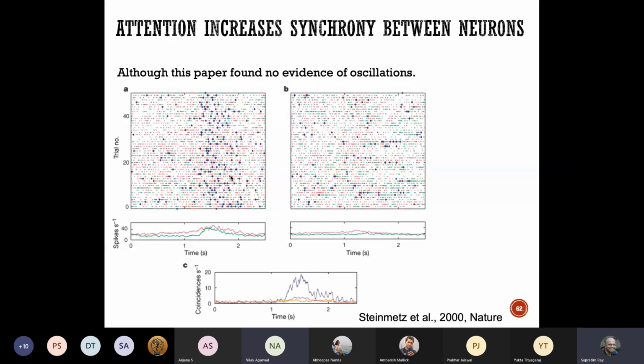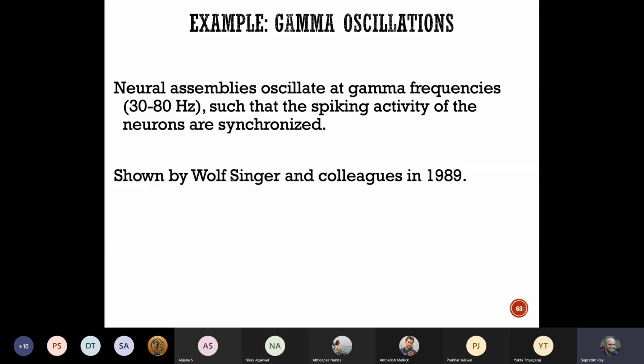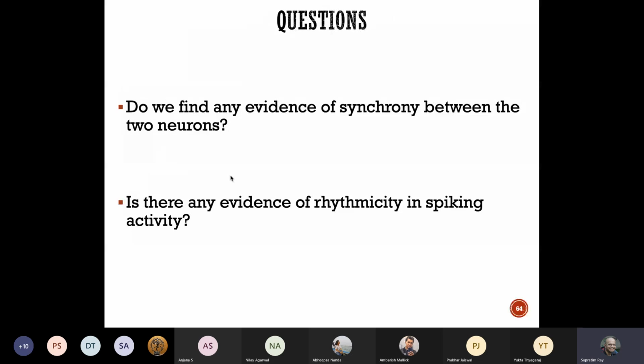But when we ask our question, of course, we will ask both. In the neural data that I have given you, I have given you data from two neurons. I want to ask if there's any evidence of synchrony between the two neurons and if there is any evidence of rhythmicity in these two neurons.